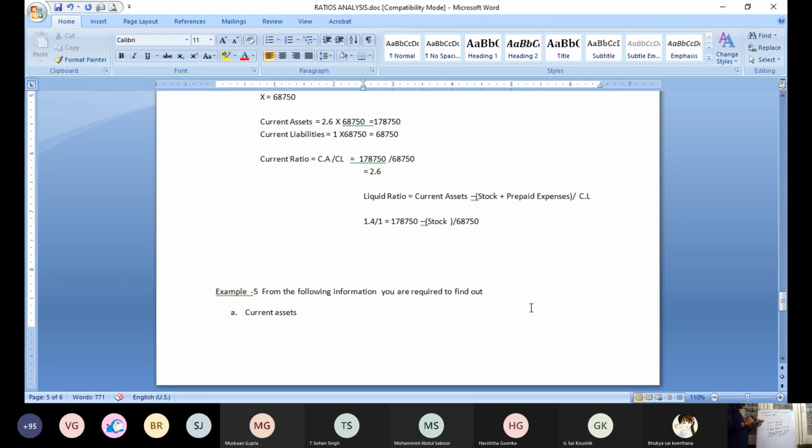What is the value? 68,750 into 1.4, so 96,250. 1,78,750 is equal to 96,250 plus stock. When it goes across the equal sign, the minus becomes a plus stock.